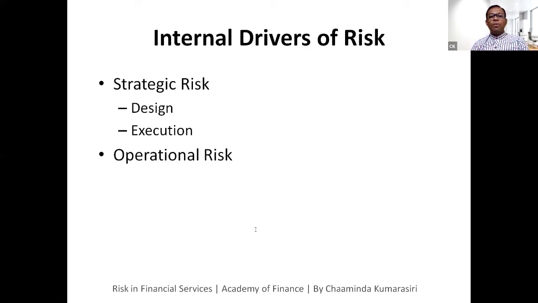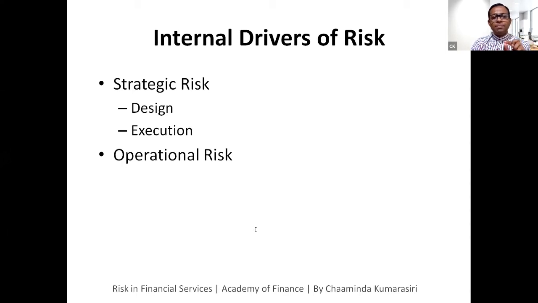Then we have the operational risk. So operational risk is a major risk both in financial services institutions as well as a normal business. So it is the risk of loss resulting from inadequate or failed, right? Remember, inadequate or failed.